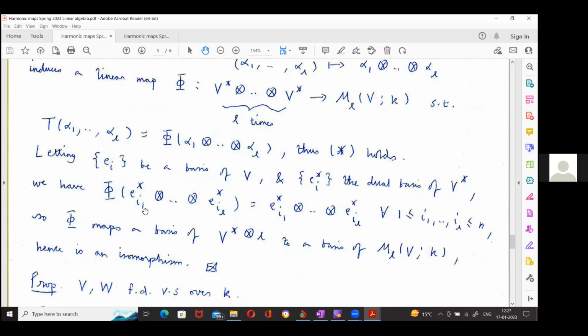And on the left-hand side, the set of these abstract tensor products, we've already shown, is a basis of V star tensor itself L times. And on the right-hand side, we've shown that these concrete tensor products are a basis of the space of multilinear functions, right? So a basis maps to a basis, therefore this map is an isomorphism. Is this all right?